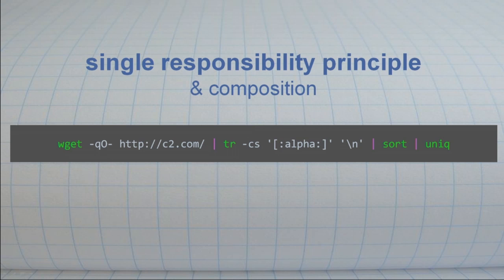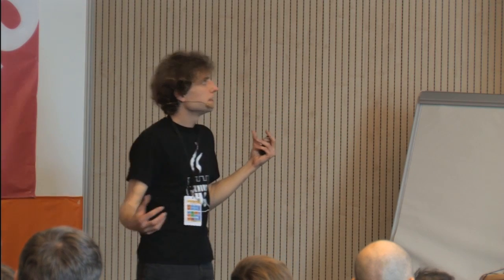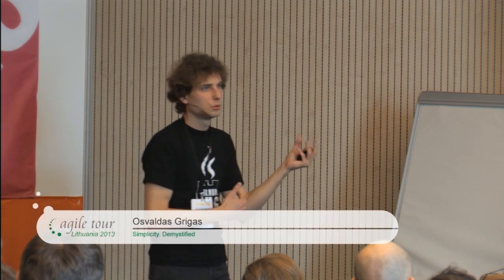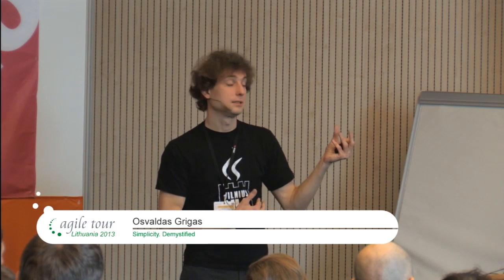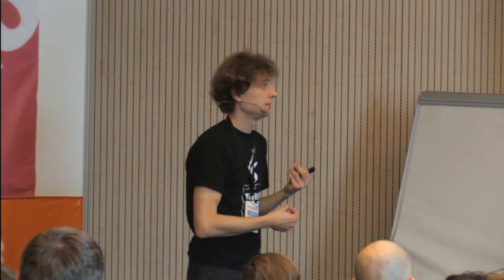Like in this Unix shell example, each of the Unix tools is simple in its own right, wget and tr and sort and uniq, but they can be combined to achieve something more complex, like listing all the unique words in alphabetical order that are used in a certain web resource. So that's a complex task, but it can be achieved simply by combining simple tools. In this case, imagine these are simple objects, simple functions, or simple classes.